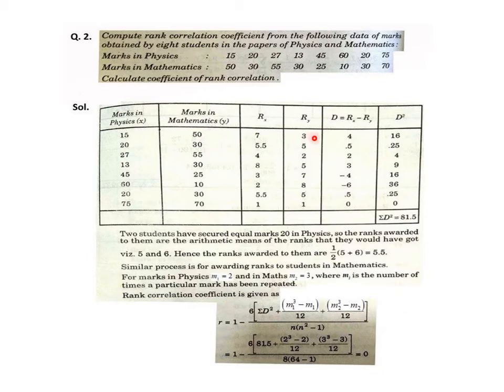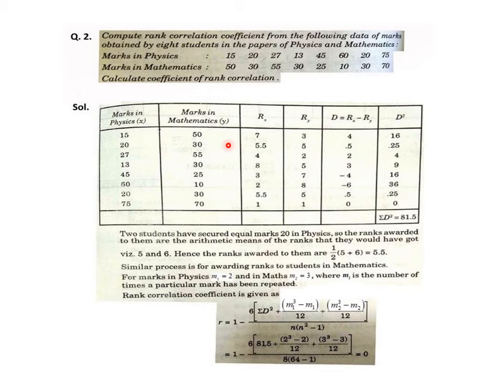So the third rank is assigned to that 50. After 50, 30 appears at one place, 2 places, 3 places. That is, after rank 3, 30 is repeating 3 times. Means rank 4, rank 5, rank 6.